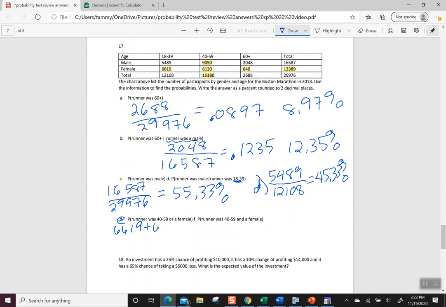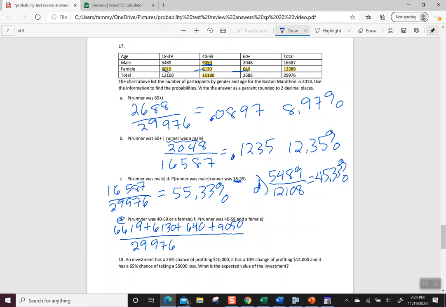6,619, 6,130, 640. So there's the females. And then I just need to pick up this other part, the males that were 40 to 59. This is 9,050. And this goes over the total of 29,976.